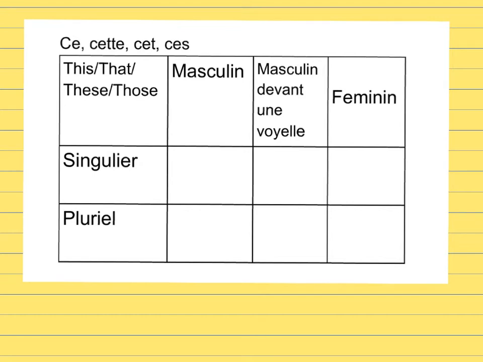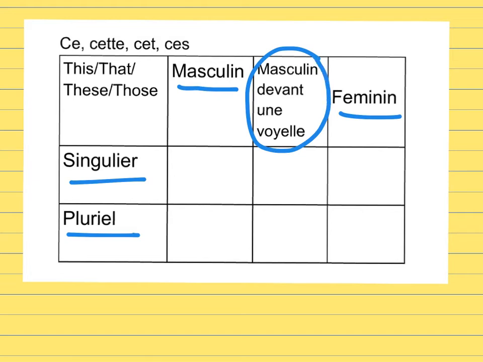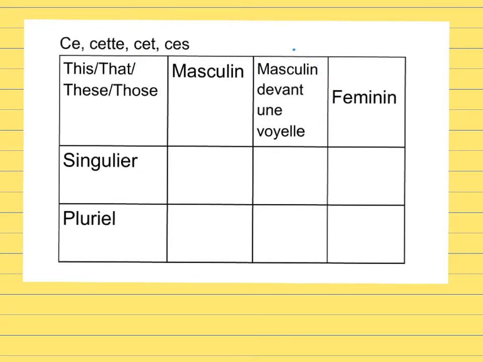Ce chapeau, cette chemise, because it changes form depending on whether it is masculine, feminine, singular, plural, and also if it's masculine before a vowel, we have to be a little bit careful. That's a little different. So take a look at ce, cet, cette, and ces.